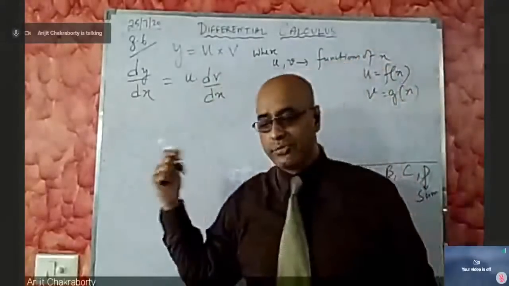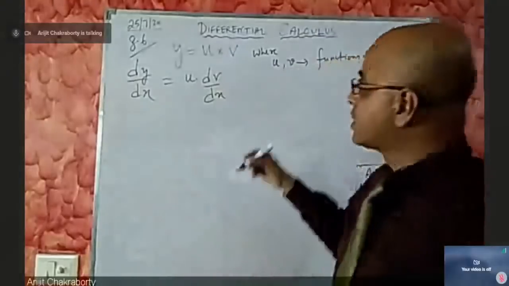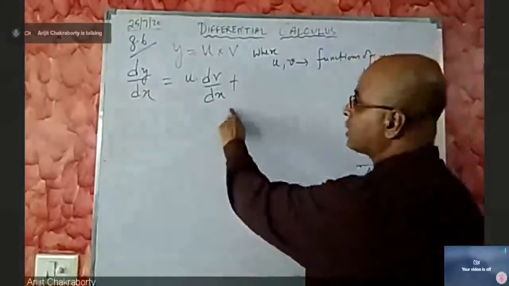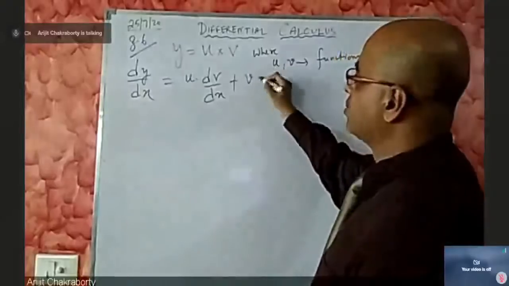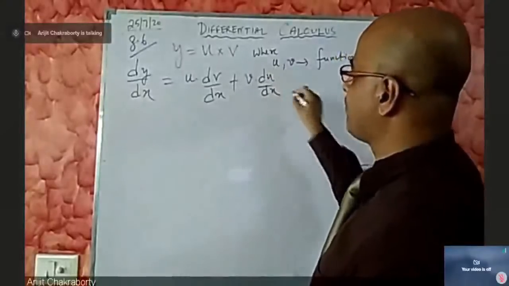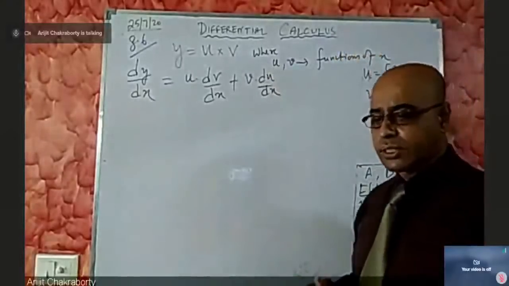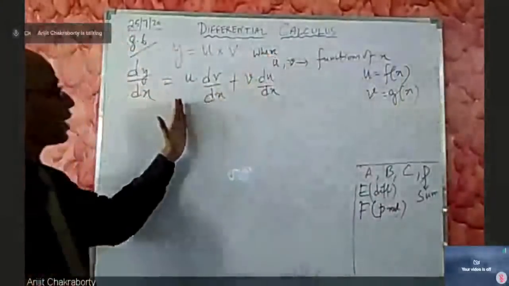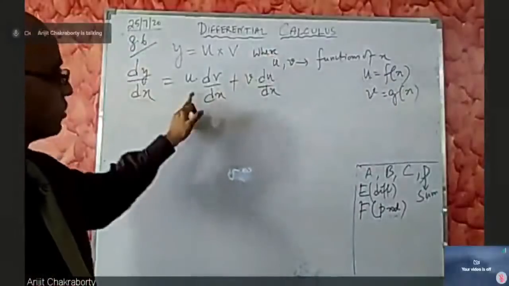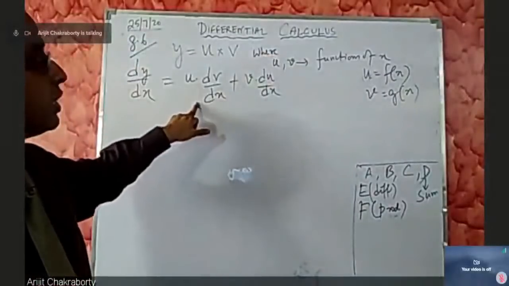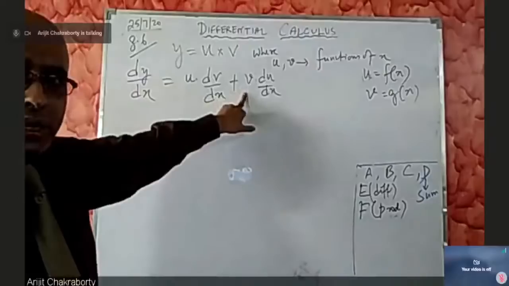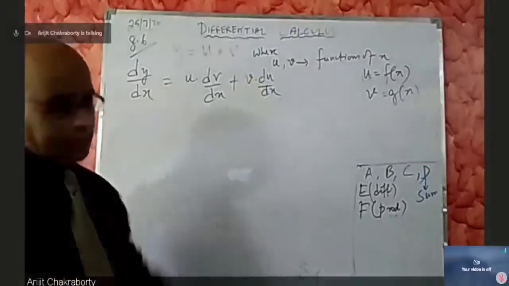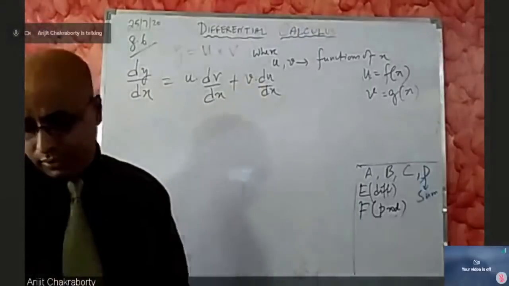So u into dv by dx plus, now you keep v outside and you take du by dx. So this is the principle. First, when you have uv, first you keep u outside, differentiate v, so u into dv by dx plus v into du by dx. Right?